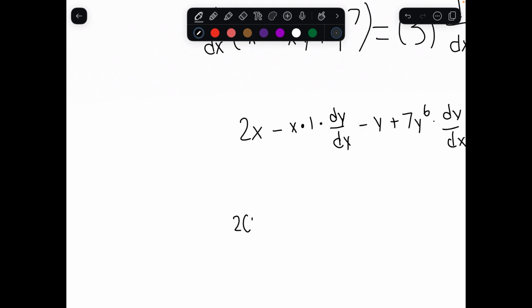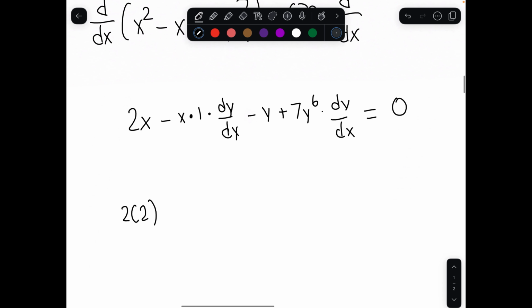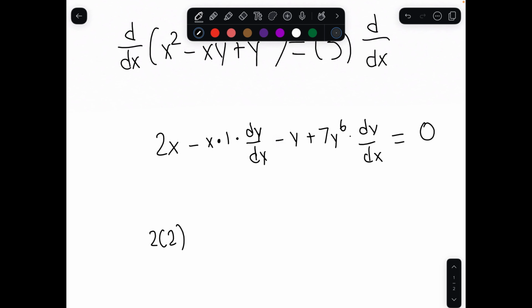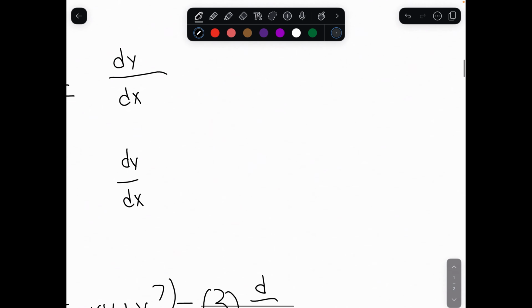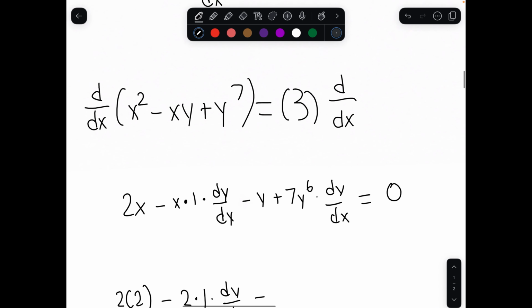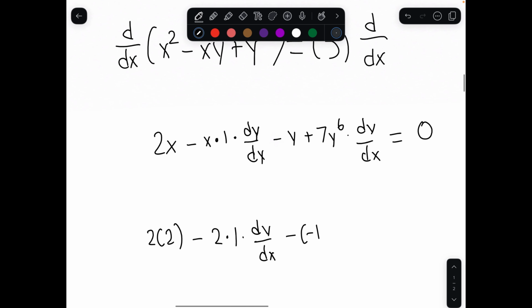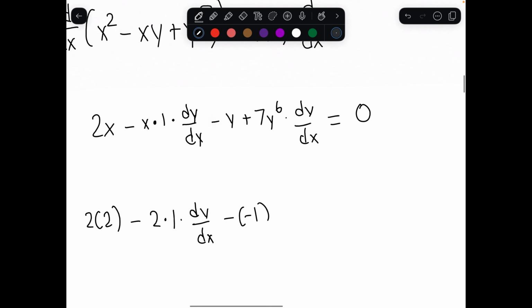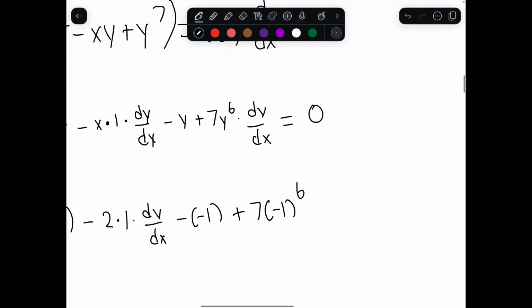So 2 times 2 minus 2 times 1 times dy/dx, minus -1, and remember, this becomes a positive, plus 7 times (-1) to the 6th times dy/dx, and you set that equal to 0.